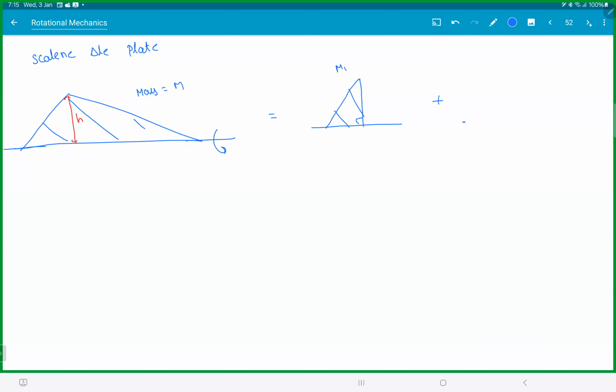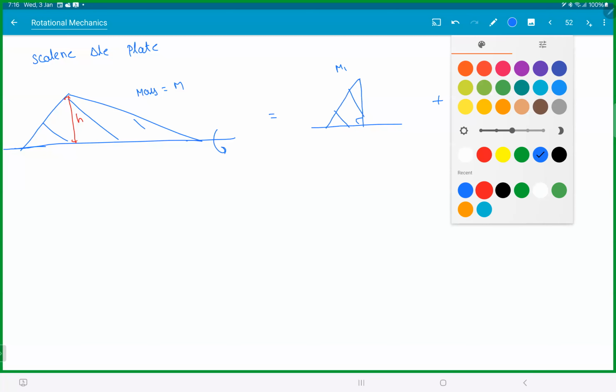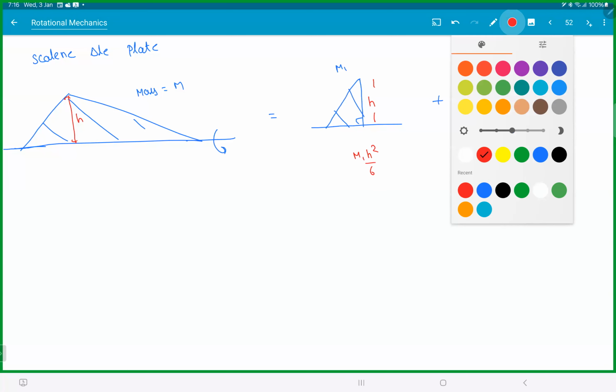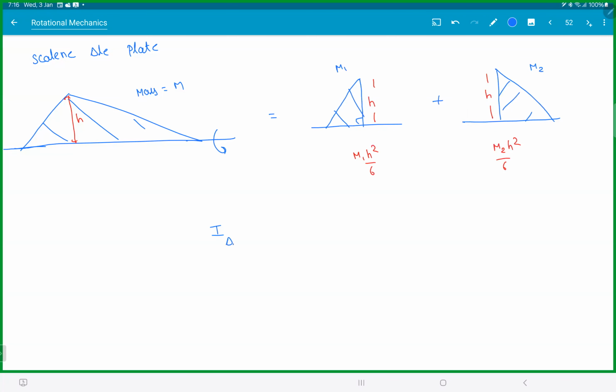Mass m1 plus mass m2. This height is h, this height is also h. So this moment of inertia will be m1 h square by 6. This moment of inertia will be m2 h square by 6. So moment of inertia of this triangular plate will be m1 plus m2 times h square by 6, which is mh square by 6. So this result, even though we proved it for right angle triangle, it is valid for anything.